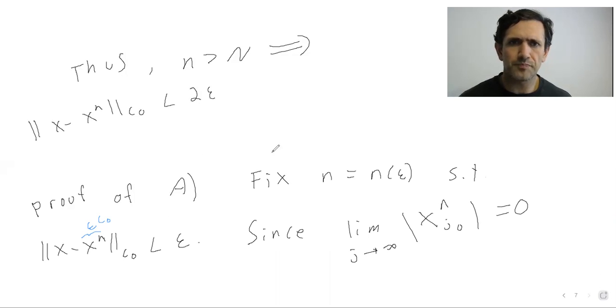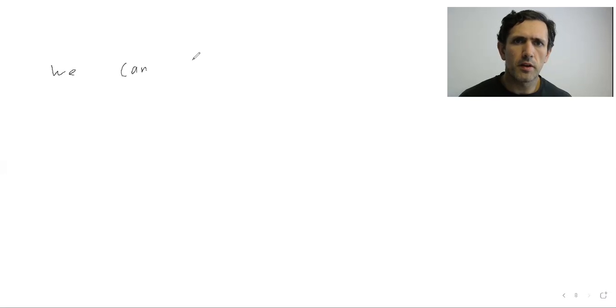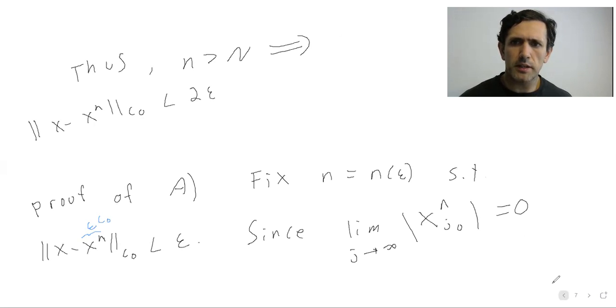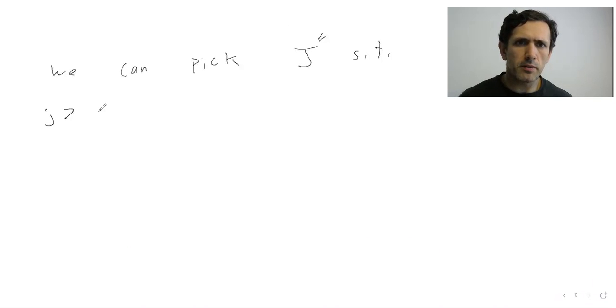So because of this, we can pick capital J. Well, j bigger than big J implies that xnj is less than epsilon.